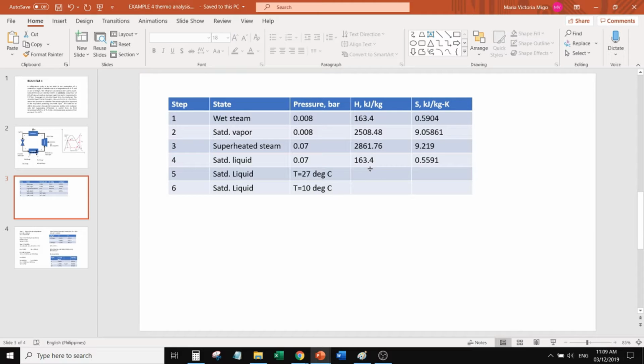We can directly read it from the steam saturated liquid properties since we already have the temperature. So it's just merely reading from the steam table. 3949, 1510. Okay.